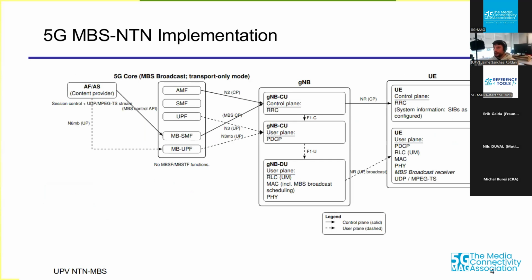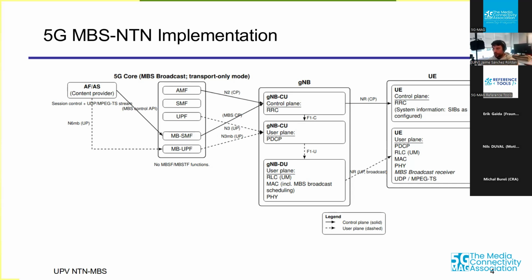Here I have a diagram showing the elements that are used in the transmission of an MBS session. So we have the AF, a content provider in our implementation that sends the establishment request to the core to establish the MBS broadcast sessions, and also sends the information that is going to be transmitted in the cell.